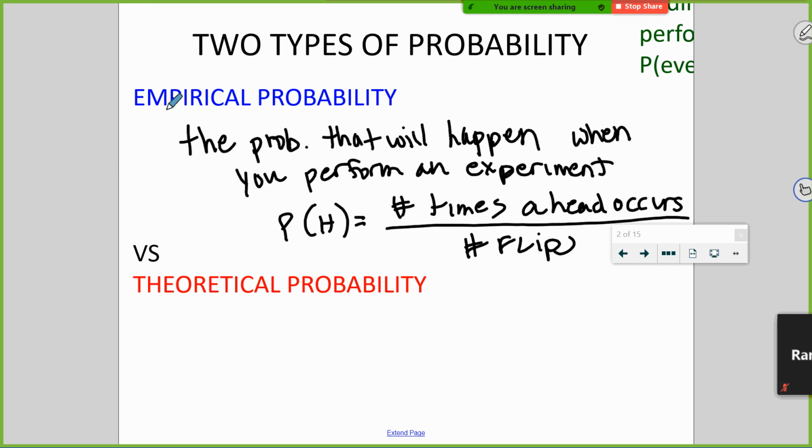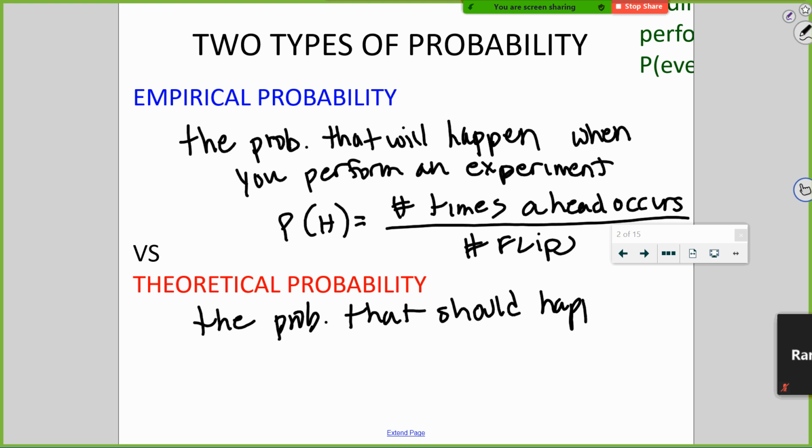Theoretical probability is the probability that should happen after an infinite number of trials.